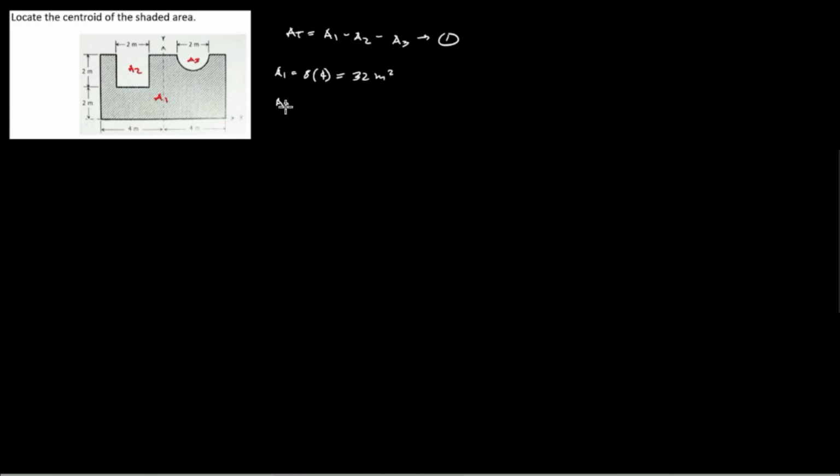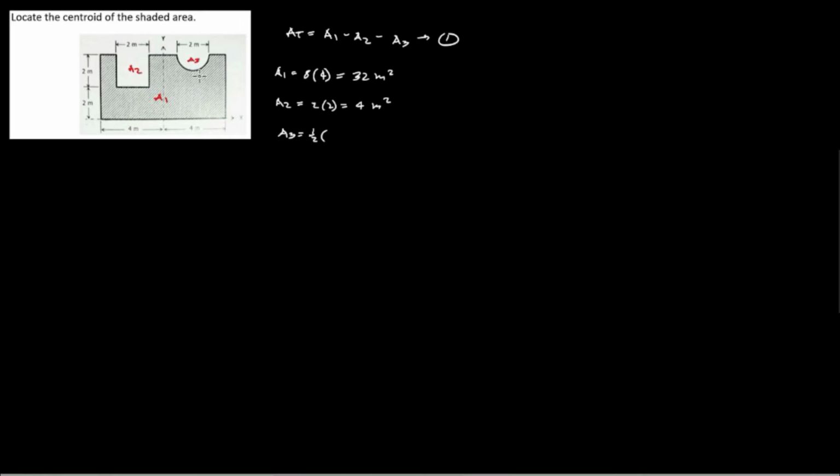Area 2 is a square, 2 meters by 2 meters, so 2 times 2, and the total area is 4 square meters. Area 3 is a half circle, and the formula is 1/2 of the area of the circle.